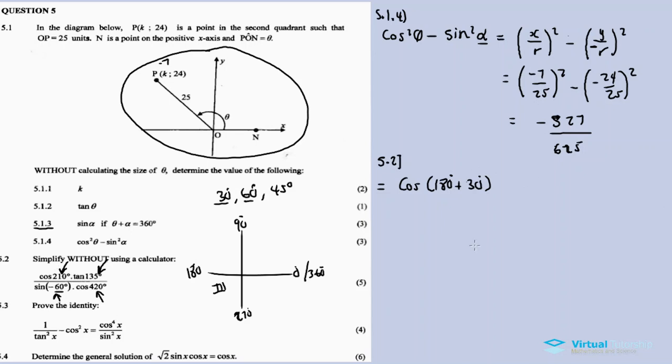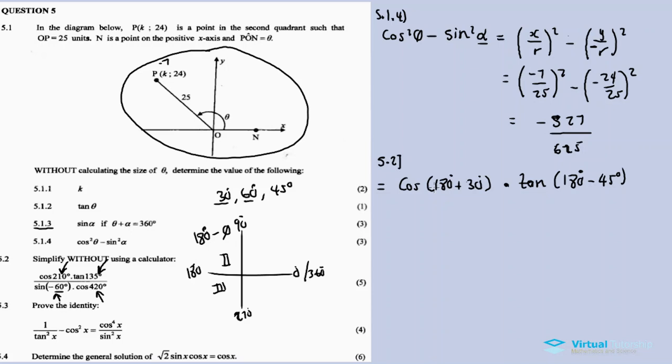And then tan 135, we find it in the second quadrant, and the second quadrant is 180 degrees minus, so it's going to be tan of 180 degrees minus 45 degrees, since 180 degrees minus 45 gives us 135 degrees, right?